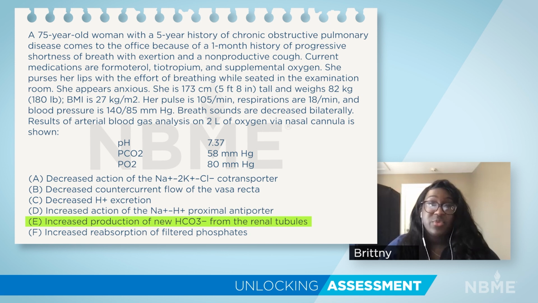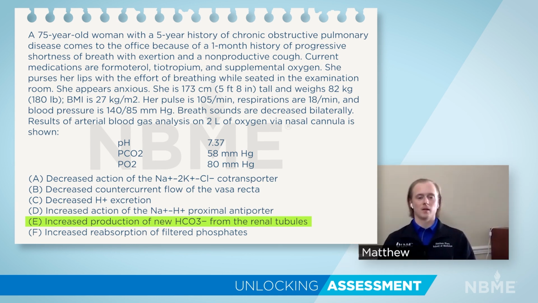Then realizing, okay, if this is high or this is low, then to compensate, the kidney will try to do X, Y, and Z. So for me, going through and seeing sodium potassium chloride, looking at solute, what's important, solute or bicarb or acid, just knowing what I'm looking for helped me go through those questions and mark certain options out as I read them.